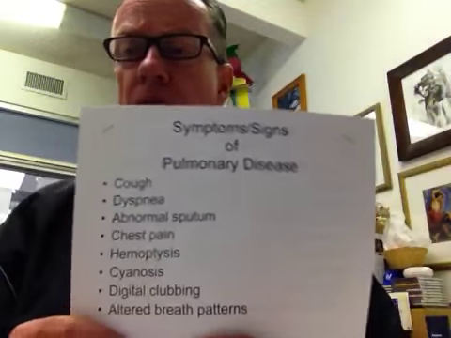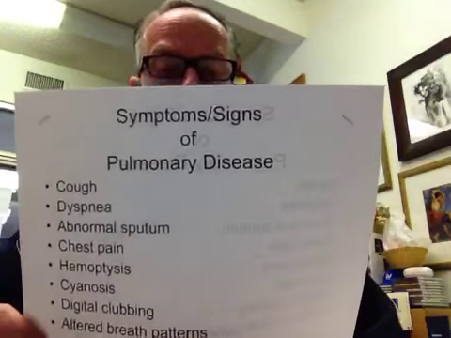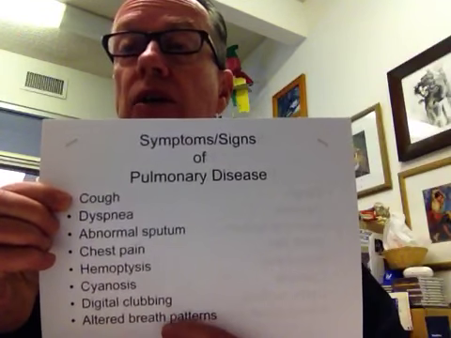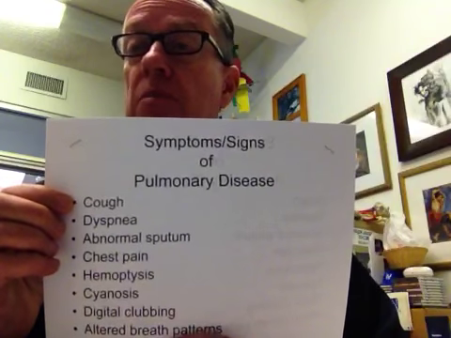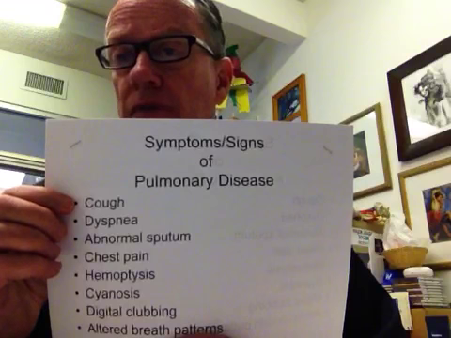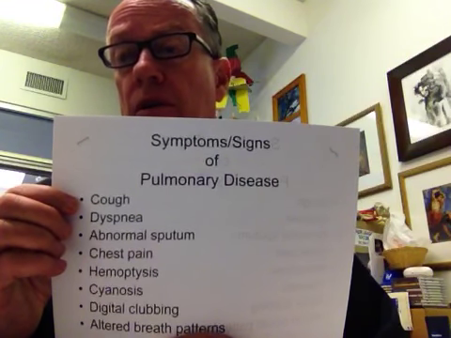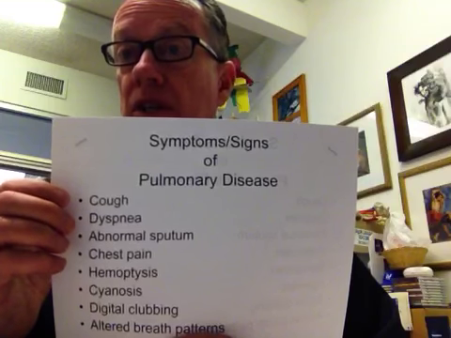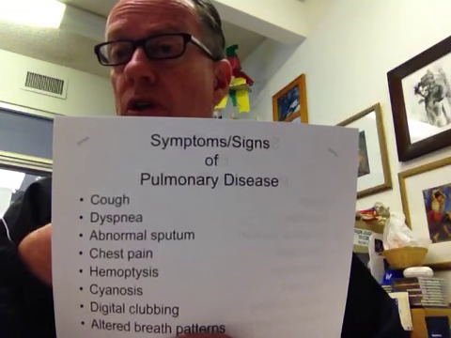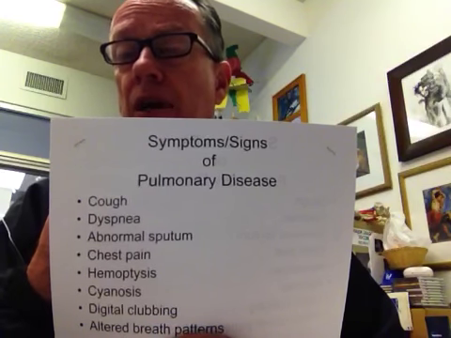I think you're familiar with most of these signs and symptoms of pulmonary disease. We will make differentiation between types of cough, productive and unproductive coughing. In certain kinds of infections, particularly bacterial infections, coughing tends to be productive in that secretions are eliminated from the lungs through coughing.